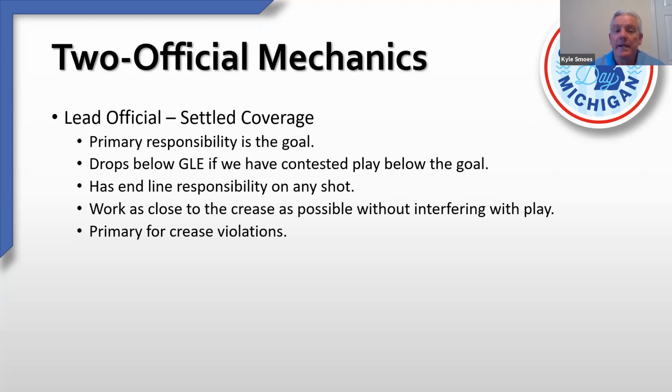If we have contested play behind the goal, your end line responsibility is exactly the same as it was in a 3-man. And once again, you're going to work as close to that crease as you can without interfering with play. You're going to move in and out as play dictates, without letting offensive players in possession of the ball get behind you. And you are primary for crease violations.